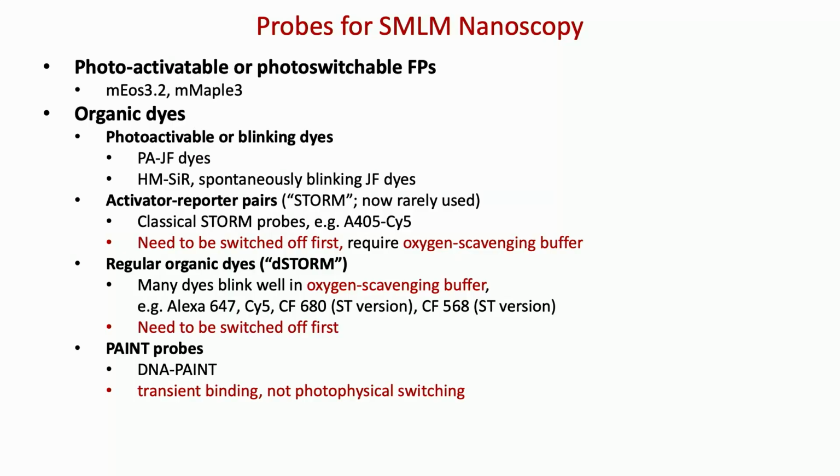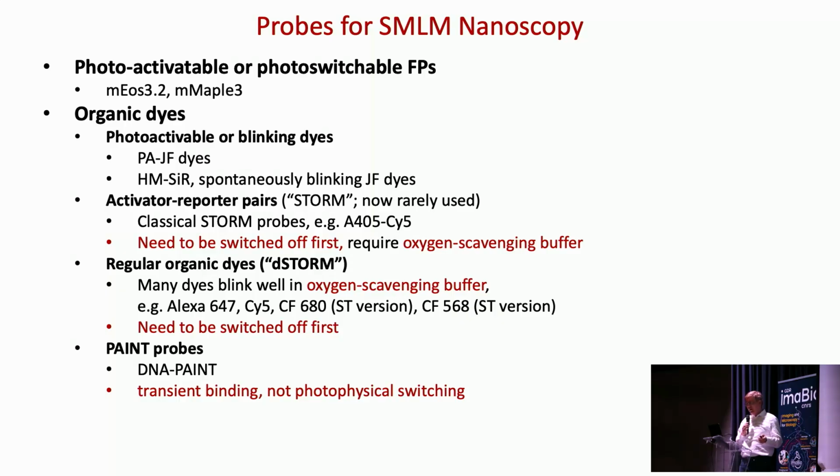So what probes can we use for single molecule localization microscopy? There are the photo-switchable or photo-activatable fluorescent proteins, and in that context, in particular, mEos3.2 and mMaple3, I think, have been used quite extensively. But most people, I would argue, nowadays are using organic dyes.